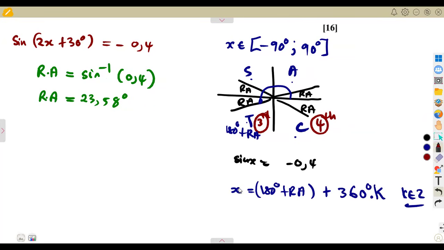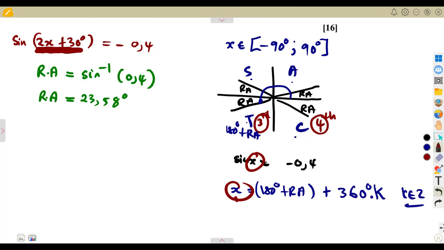This is what we're used to, because there is an x here. But now it's no longer like that. Even if you move to the fourth quadrant, it's going to be 360 degrees minus the reference angle, this and that. We're going to talk about that. I want to talk about this part here, the part of x. So in this situation that we are having, be careful and mindful that it's no longer just x. It's 2x plus 30.